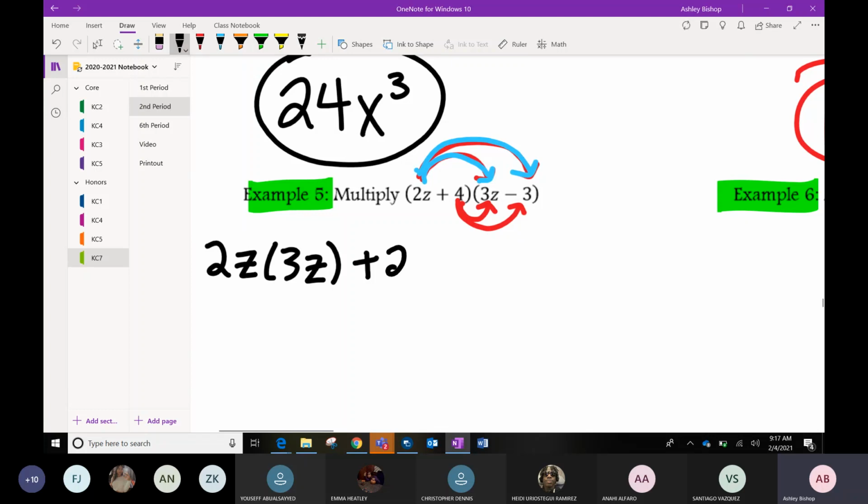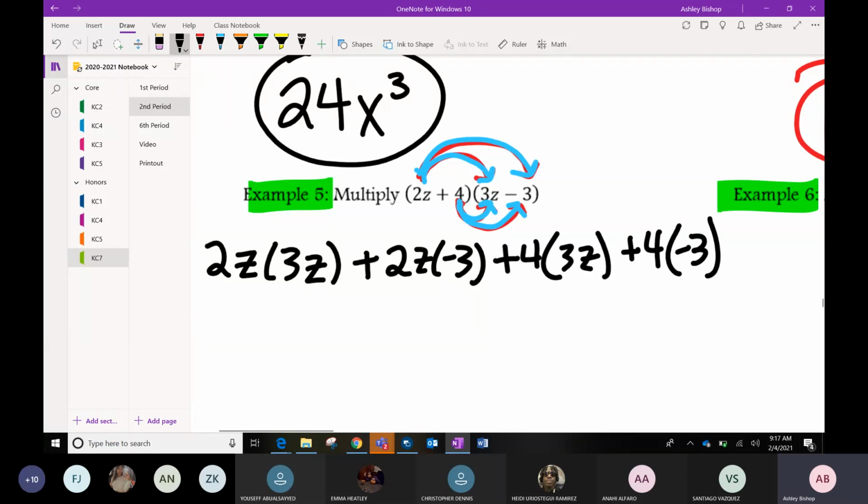So plus 2z times -3. Now 2z has been multiplied by everything in the second pair of parentheses. Now let's take 4 and multiply it by 3z. So plus 4 multiplied by 3z. And then let's take 4 and multiply it by -3. So plus 4 times -3.